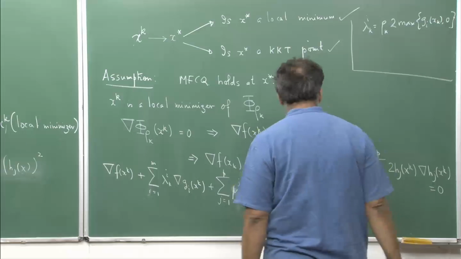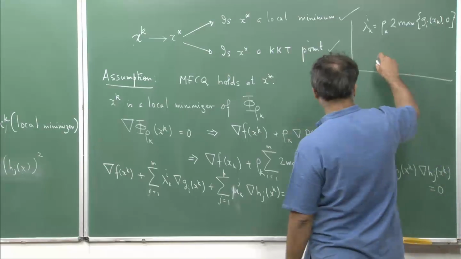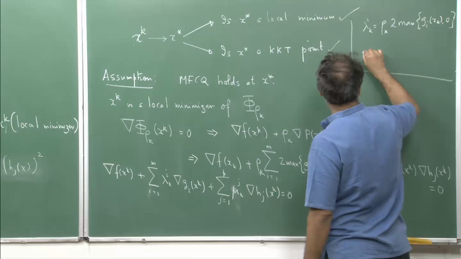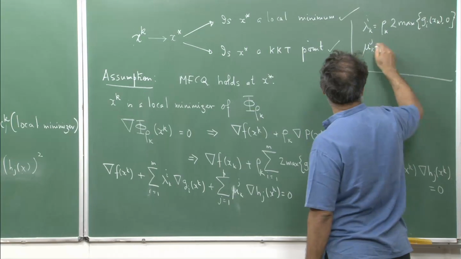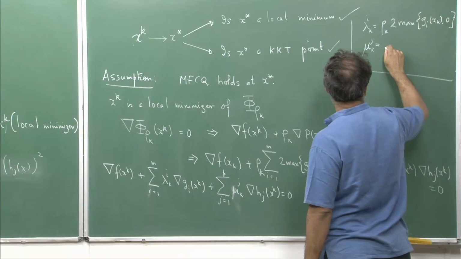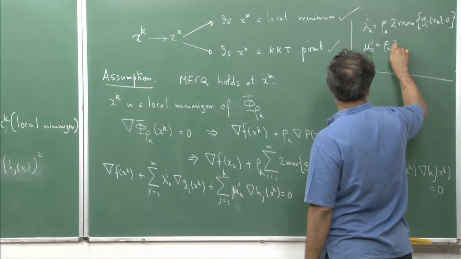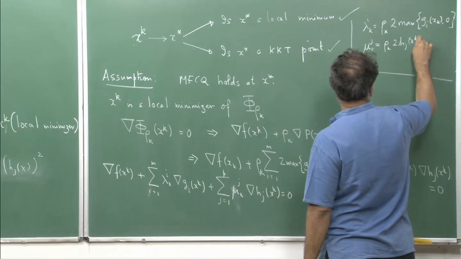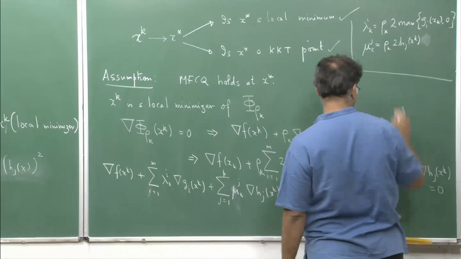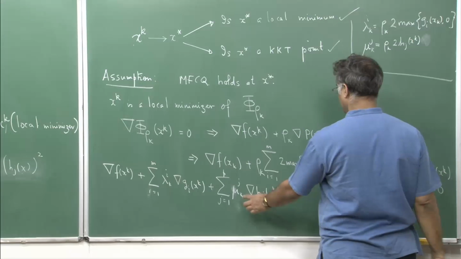Excuse me for these slips. Here mu j k is given as rho k times twice hj xk. So, this part is your rho k into this is your mu j k.